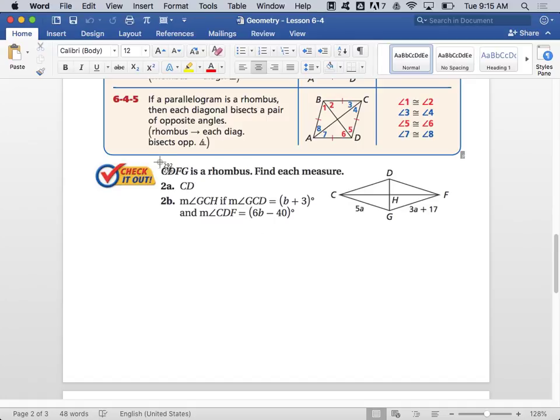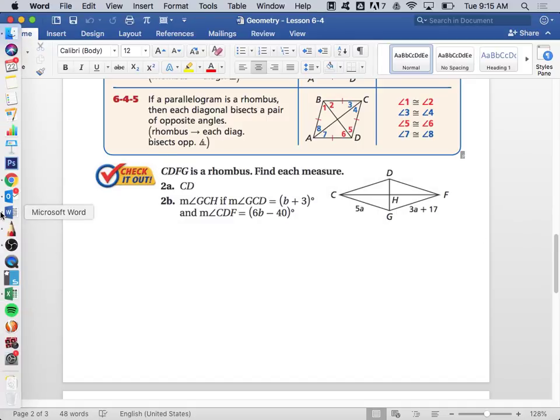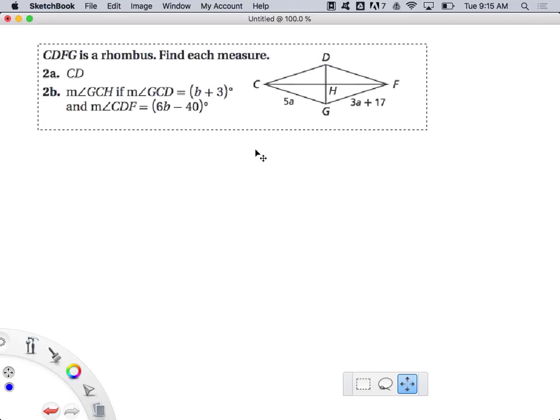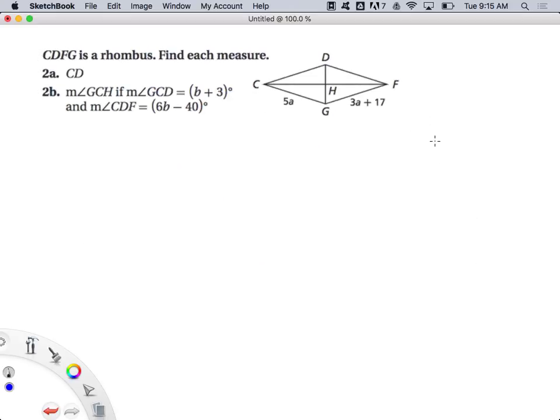So what's an example of that? Let's take a look. CDFG is a rhombus. Find CD. Well, all the sides are congruent, which means 5a equals 3a plus 17.